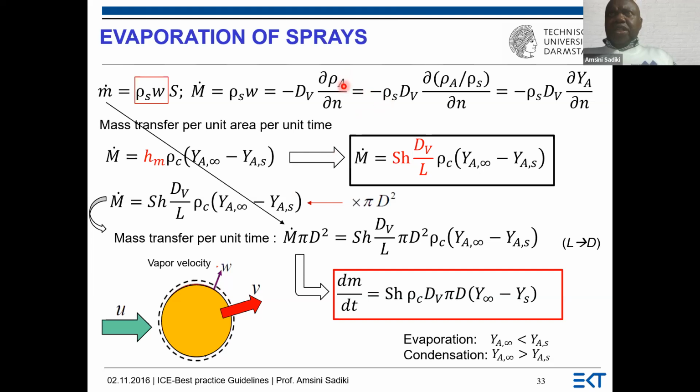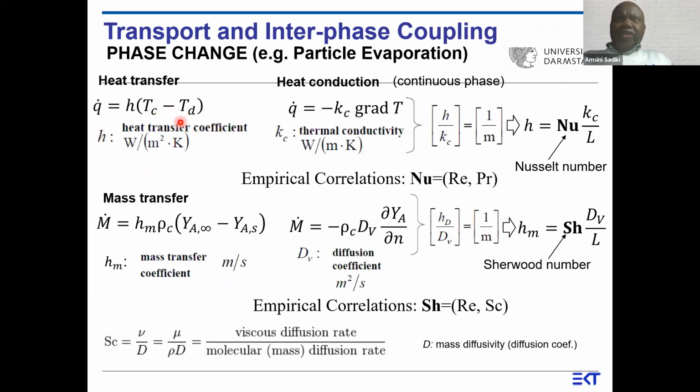If we multiply by this quantity and divide by the same quantity, we have the mass fraction, which is the mass fraction we had. If we calculate the mass transfer now, assuming we have this interface, we have this difference similar to what we had before.